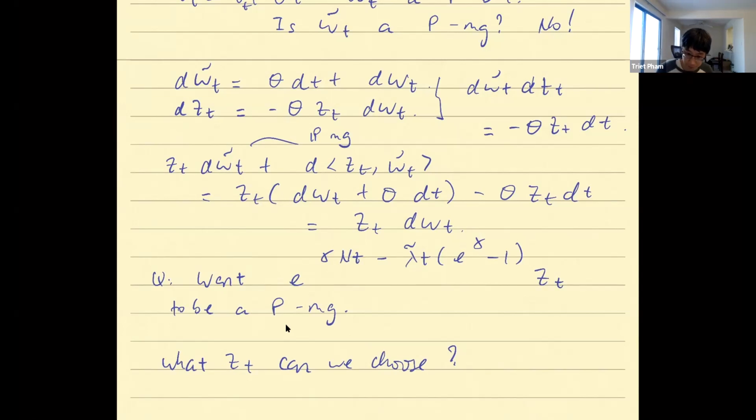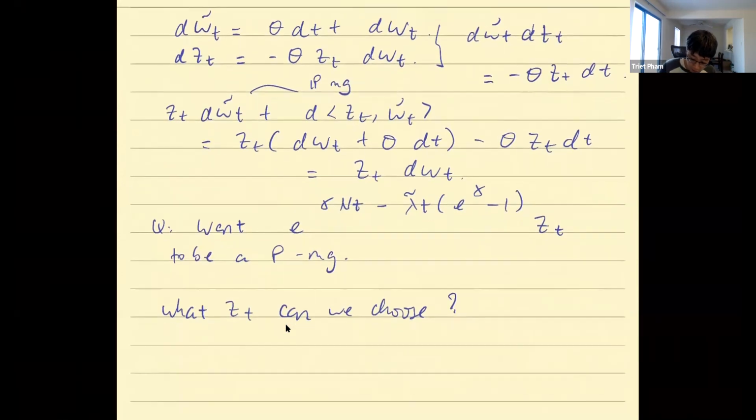All right. Now, this is a P martingale. So under P, what kind of process? What process is N T under P?